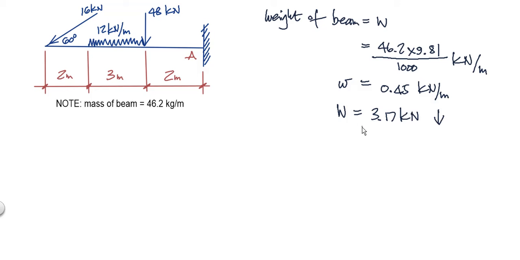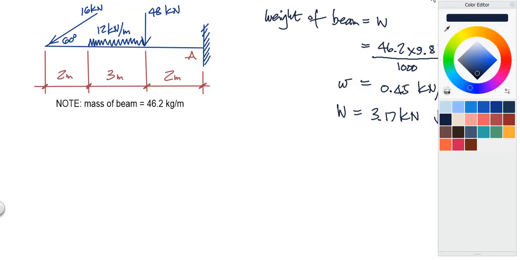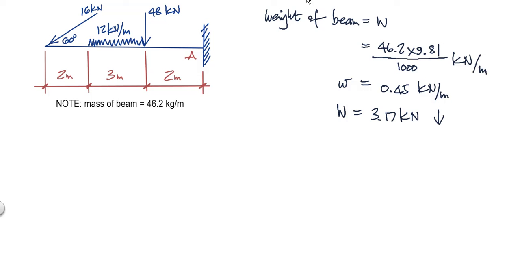Okay, alright, so I'm going to put it in there. I'm going to put it on my beam, and it's going to be acting dead in the center over there. Like so, and of course if that's 2 meters, that's 2 meters, so in the middle here it will be 1.5.